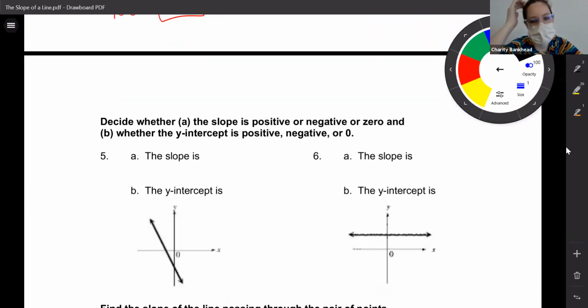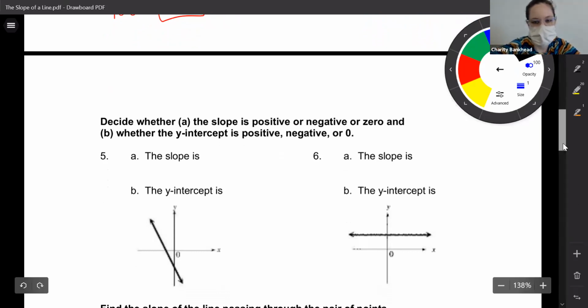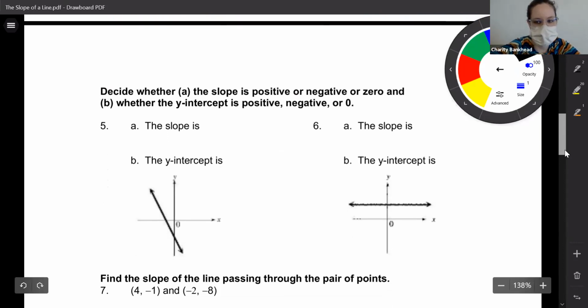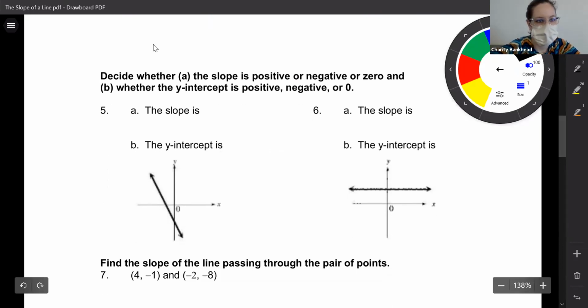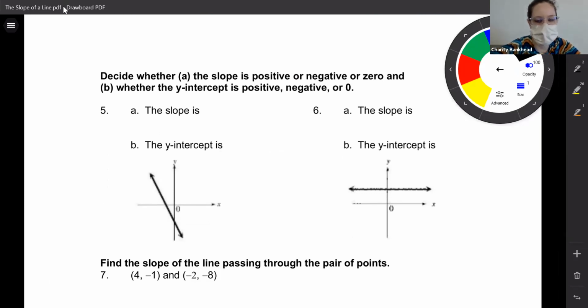All right, decide whether the slope is positive, negative, or 0. And same thing for the y-intercept. So not really doing any calculations, but just looking at it. So we can see for number 5, is the slope positive, negative, or 0? Negative.